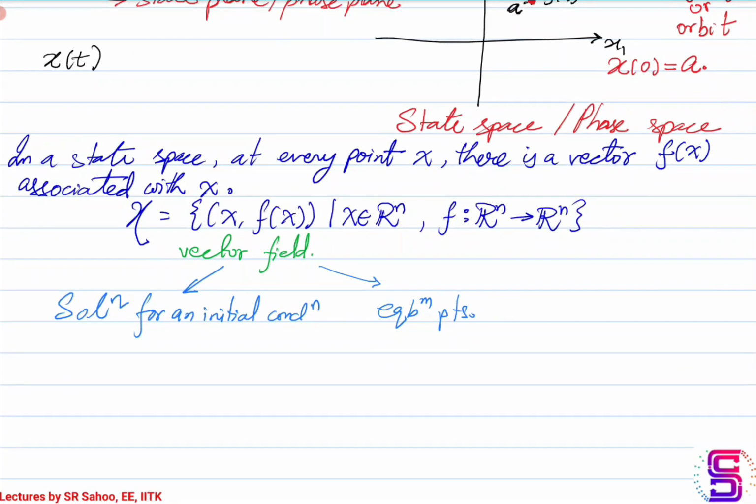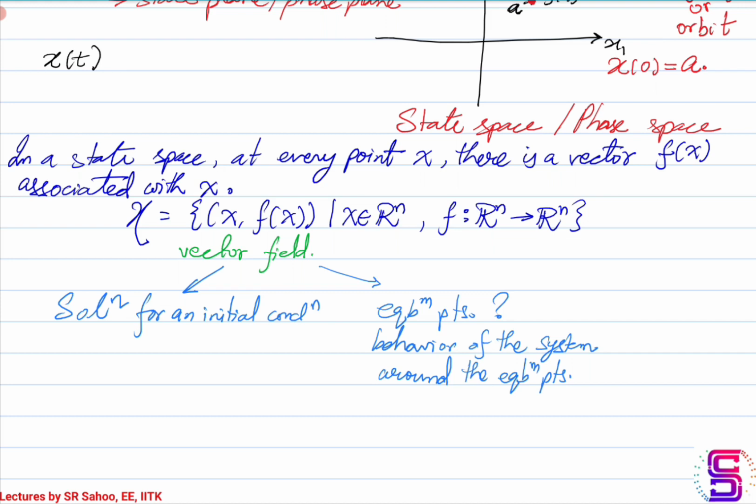Now, it will also tell you the behavior of the system in the neighborhood of the equilibrium points. We know that at equilibrium points x dot is 0, which means there is a 0 vector associated with every equilibrium point on the state space.